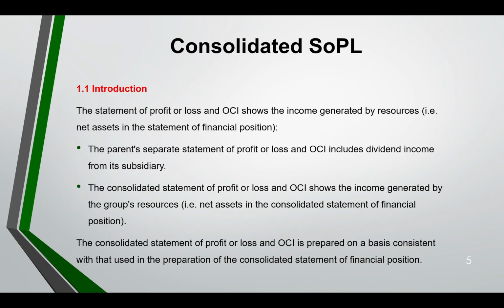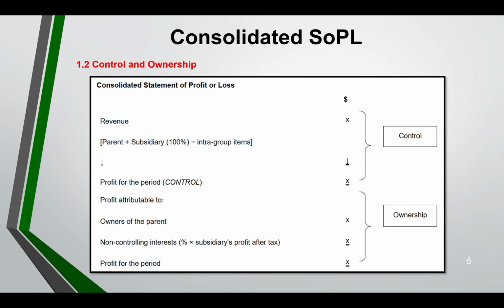Your consolidated profit and loss is prepared on a basis that is consistent with the statement of financial position that you use to prepare your consolidated statement of financial position. When you control something, meaning it's your subsidiary, then only you can consolidate line by line.